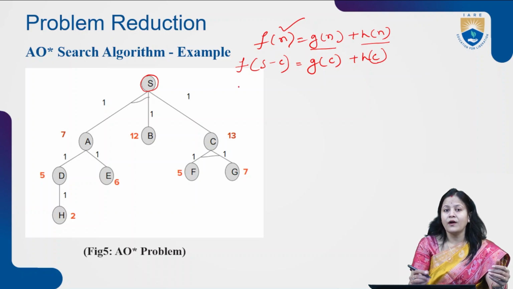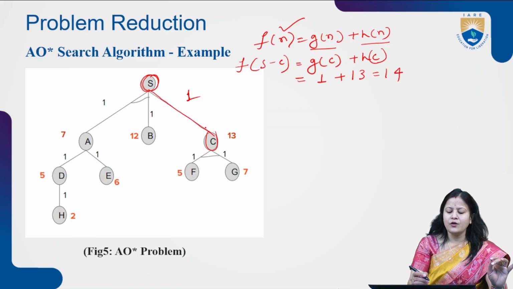Because whenever we are finding the cost, you always take the child node, not the parent node. Now G(C) means the distance from the root node to C. Anywhere I write G, it is considered as 1, and H(C) is given as 13. So 1 plus 13 becomes 14. That means if I follow this path, the value of S would be 14.